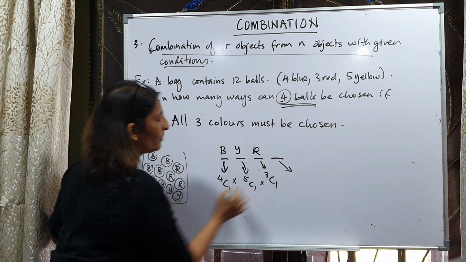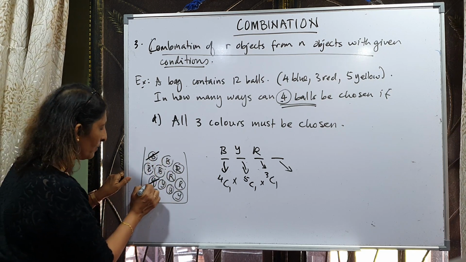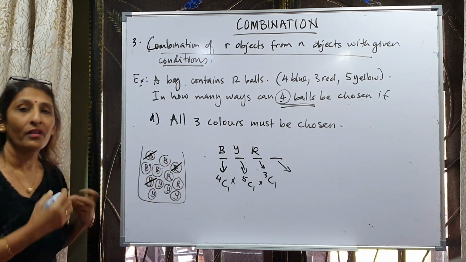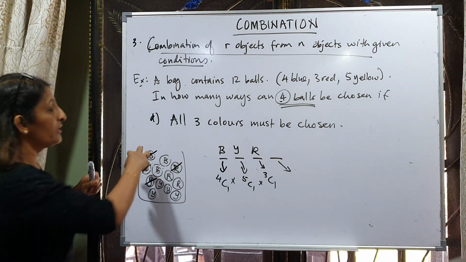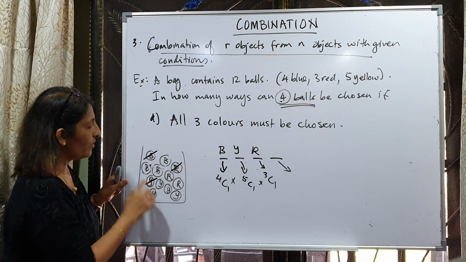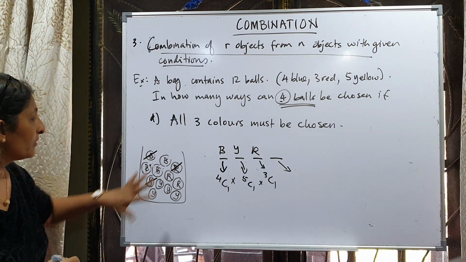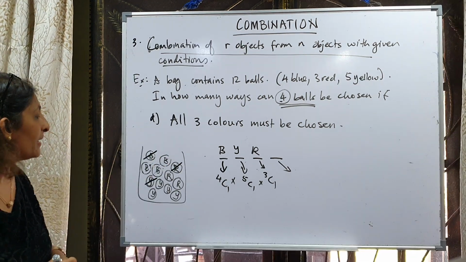Now the final one. You cancel off 1 blue, 1 yellow and 1 red because it's already out of the pack. You have already picked it out. You have put it here. So now what's left? How many balls are there left? You have 12 originally minus 3, so you have 9 balls left.